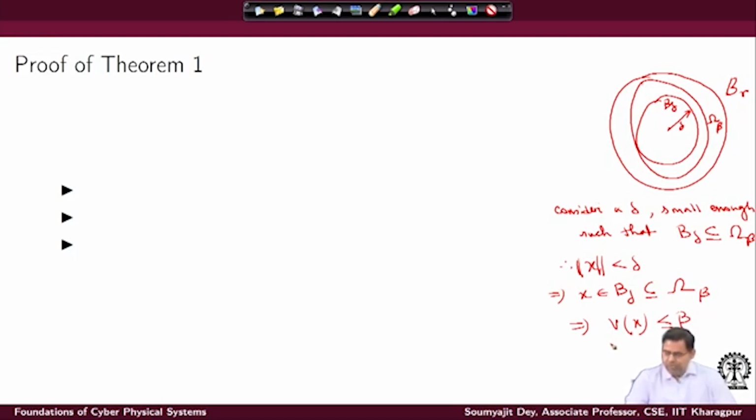The point is, the moment I am able to create this omega beta, I am able to create this inner circle b delta. That means I can create this delta.